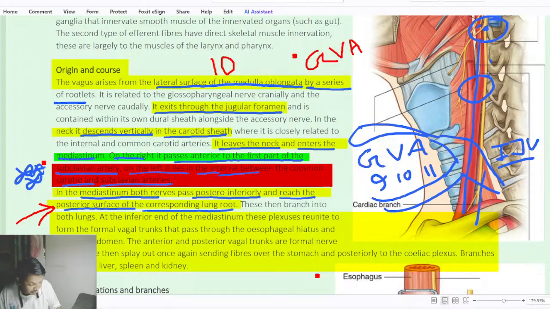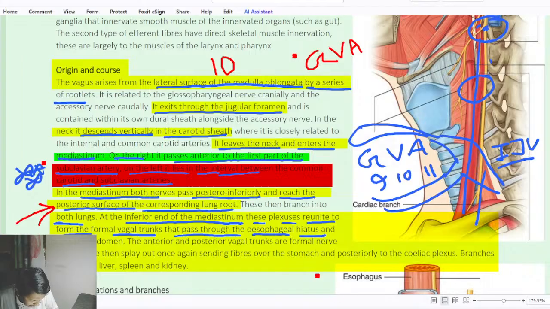Vagus remain posterior. This is also an exam question you will get. In many EMRCS, you will get this question. These then branch into both lungs. At the inferior end of the mediastinum, these plexus reunite to form the vagal trunk that passes through the esophageal hiatus.